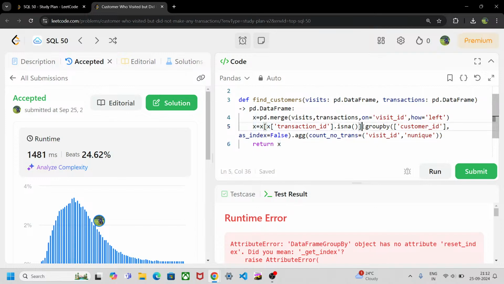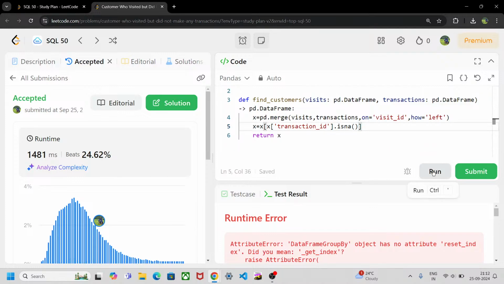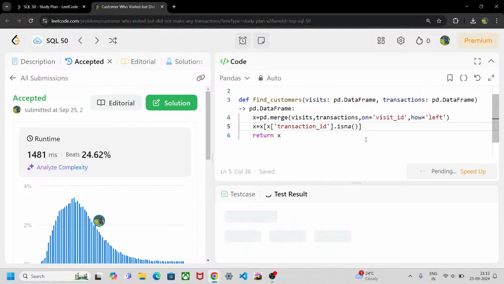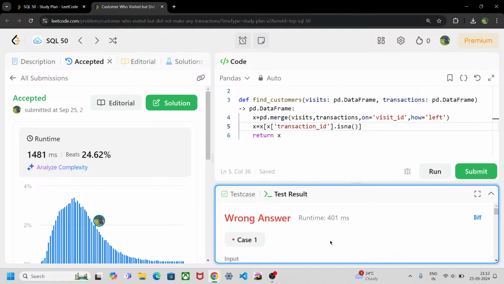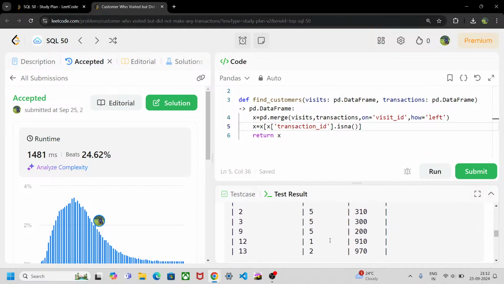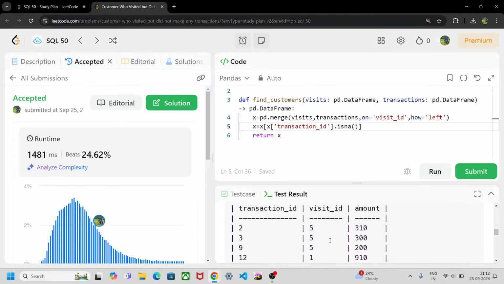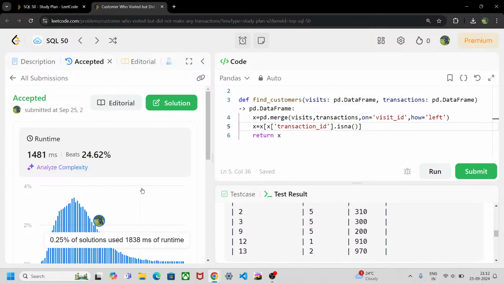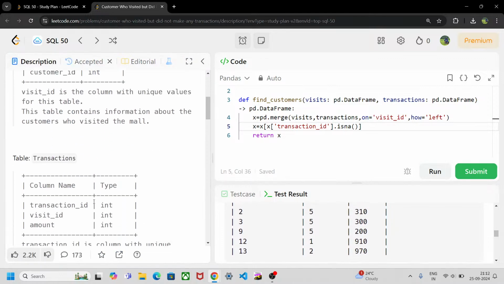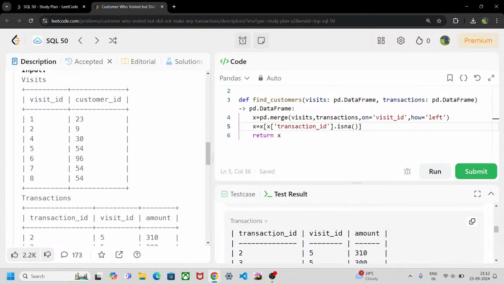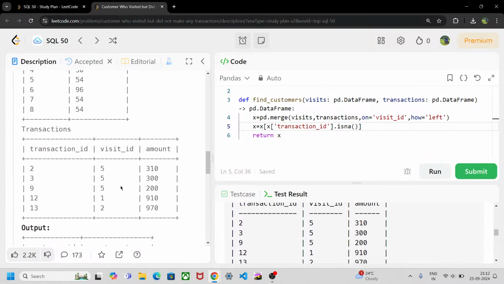Okay, let's look at this part. I think you will understand this. x dot transaction ID is NA. So let's see this part, and see if we can understand something from this. Let's go to the description, and if you see wherever the transaction ID is 2 and visit ID is 5, it is saying NA.